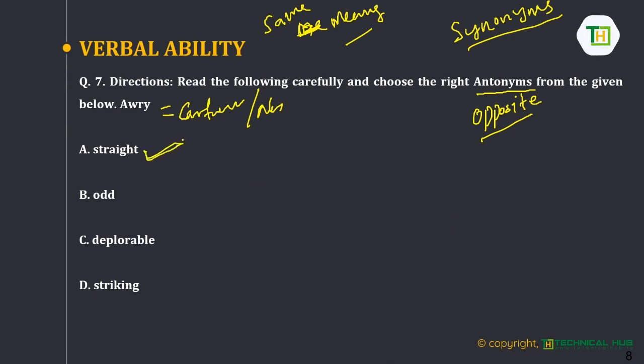Some people, whenever they are talking, will not talk straight. They will talk in a different manner, or in a clumsy manner, indirectly. So the opposite of Auri is straight. These are all the wrong options. Okay. So please remember this word Auri, and that is very useful for you in future.